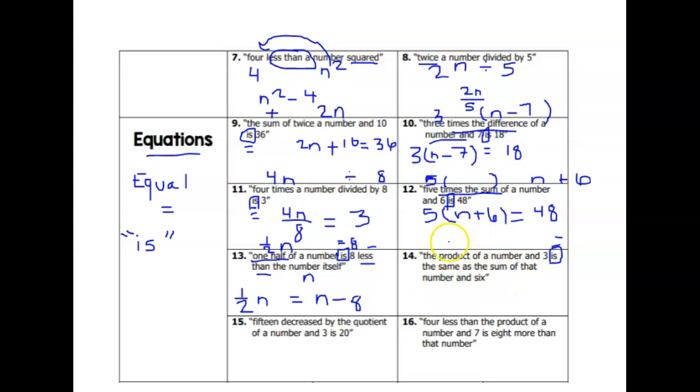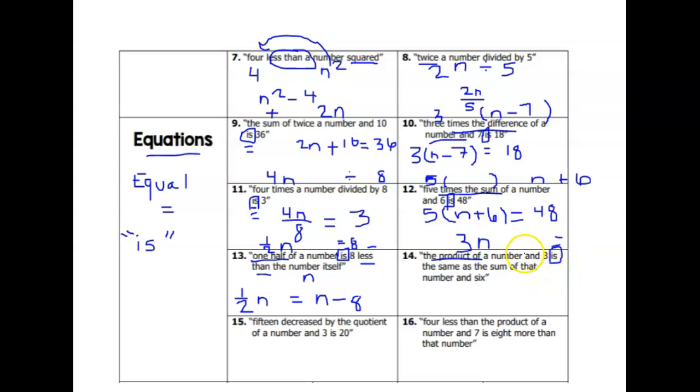So let's go to the first part of it. The product of a number and 3. Well, that means that I'm taking the number and I'm multiplying, product of. I'm multiplying that number by 3. So I'm having 3n.